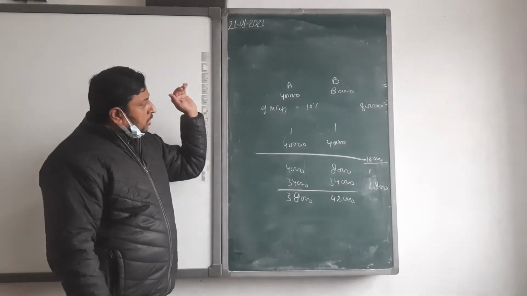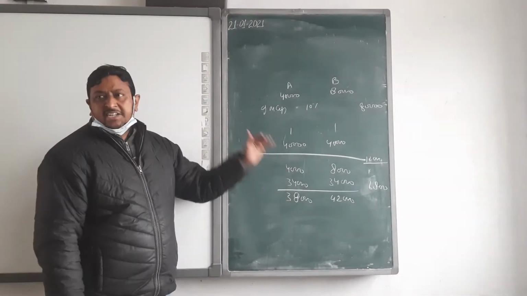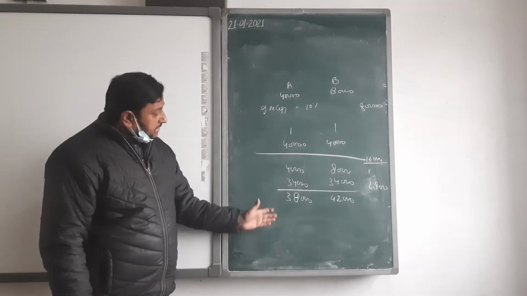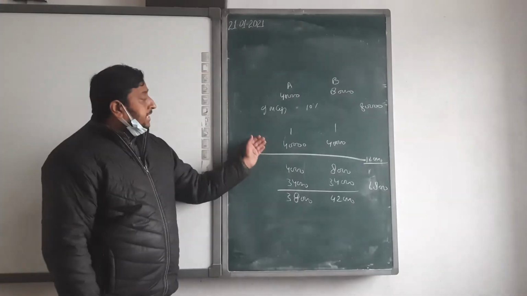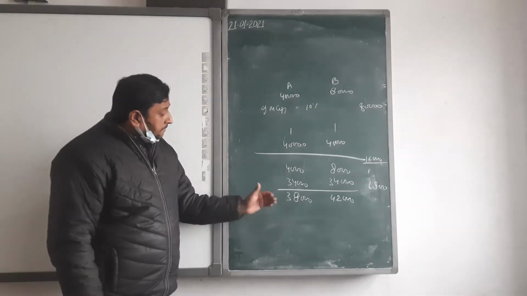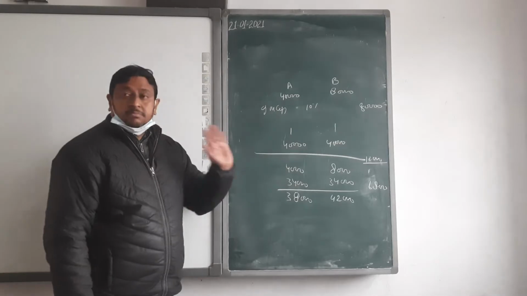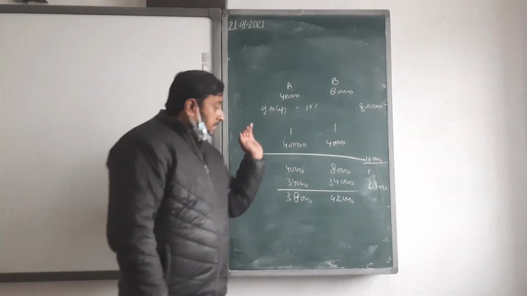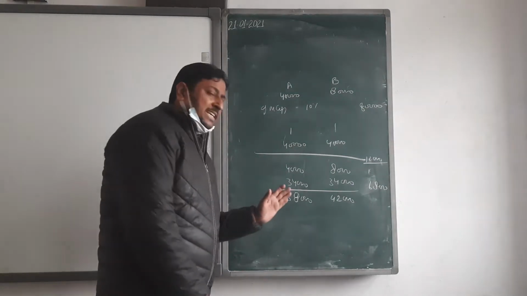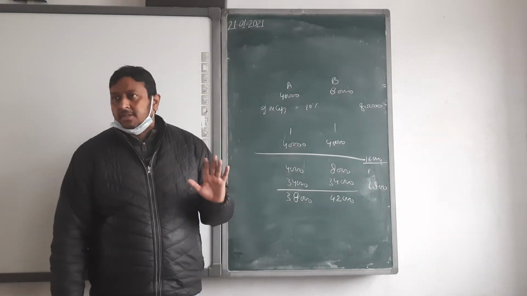If you omit this amount, or omitted the interest on capital, then a difference is coming. Without using interest on capital, this amount will come to the partners, and after using interest on capital, this amount will come. So for the correction of this, we do one single entry, that is called a closing entry.